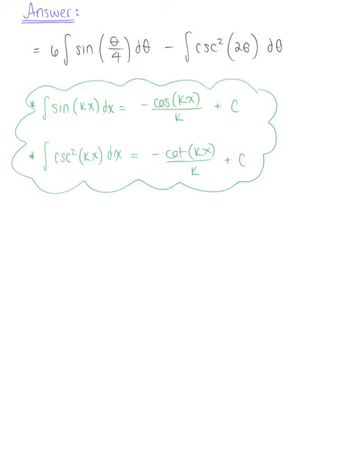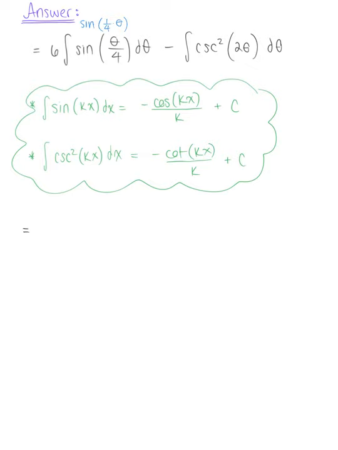So one last thing to note as we proceed is that the constant k of our sine function, we can think about this as sine of 1/4 multiplied by theta. So our constant is a fraction there.